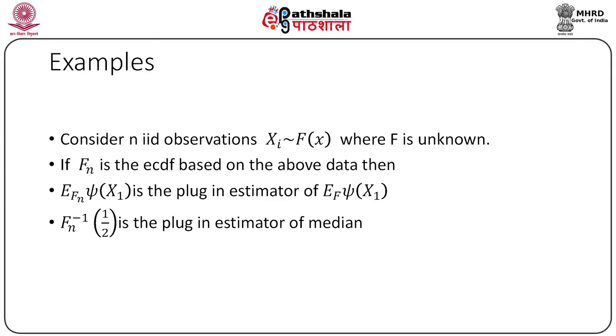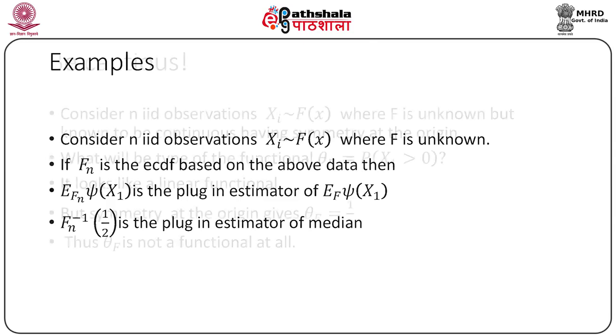Therefore, the expected value of psi(x) under Fn is the plug-in estimator corresponding to the functional expected value of psi(x), and this expected value of psi(x) under Fn is nothing but the arithmetic mean based on the psi(xi) values. As another example, we can think of Fn inverse of half, that is, the sample median, which is also the plug-in estimator corresponding to the population median.